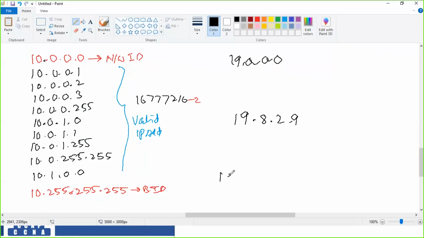The broadcast ID is 19.255.255.255. All IPs in between we call valid IP addresses. One more example.